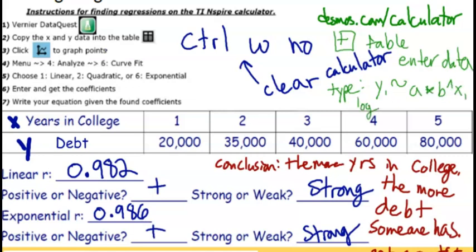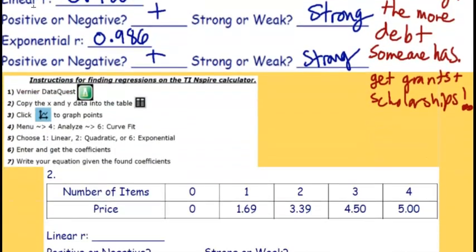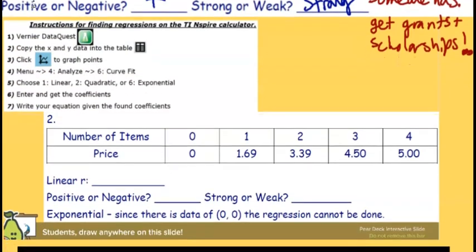And then click log mode. So on your slide, you can use either of those two methods. Plug in your data for the linear regression here. This will be X, this will be Y. You can use Desmos or the TI Nspire.